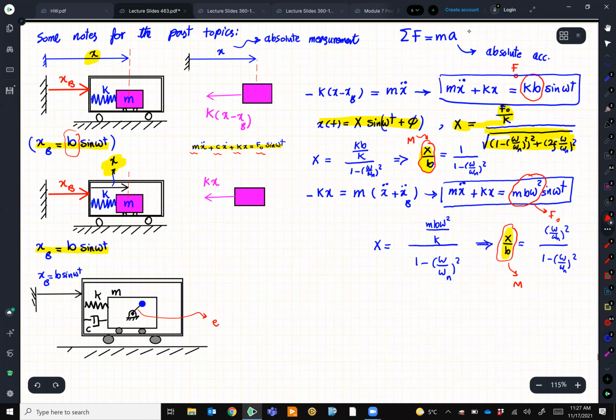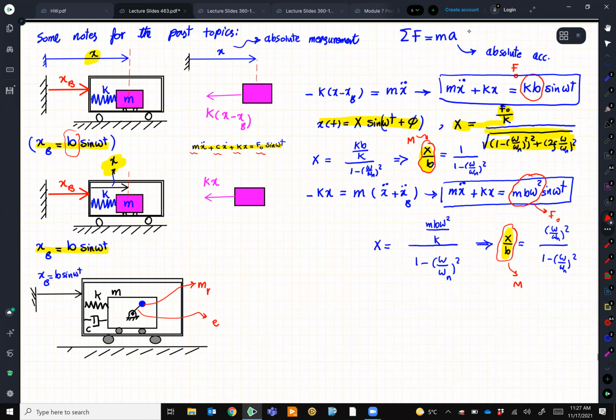Let's say this distance is e, and this mass, let's call it m_r, for rotating. Try to solve that problem. It's now a combination of two things.